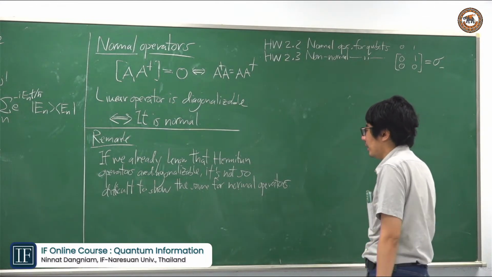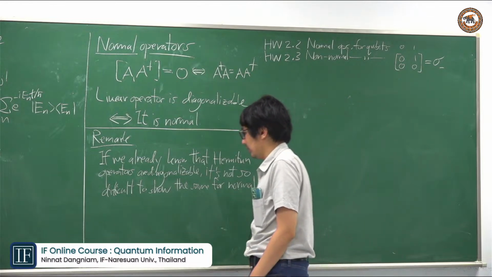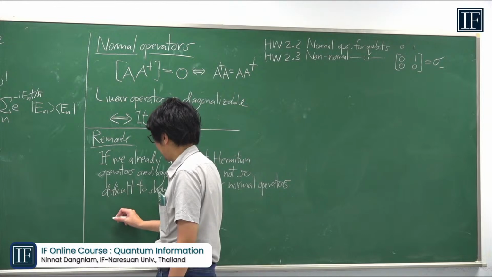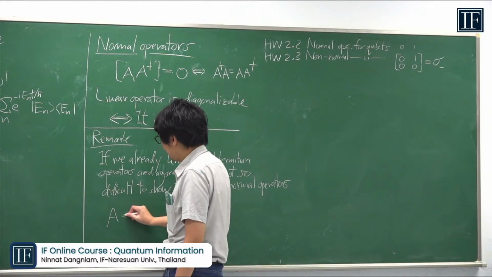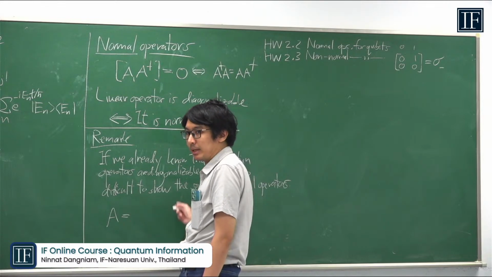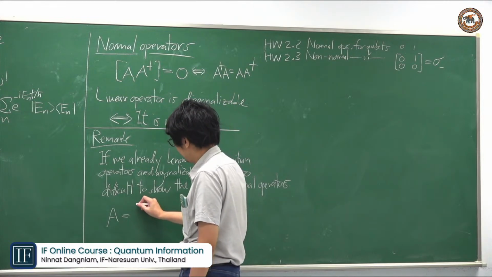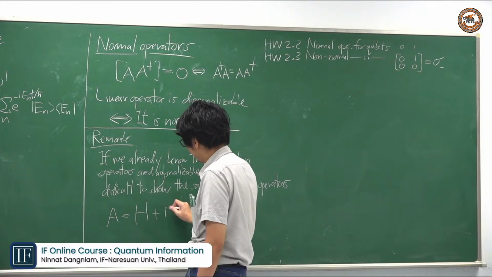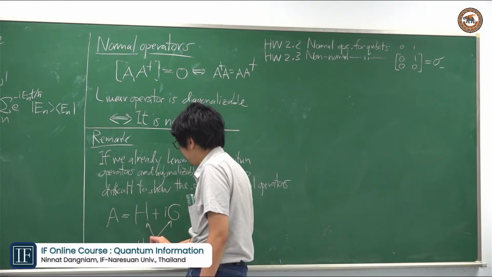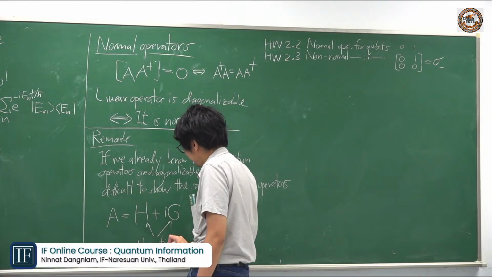There are probably a few ways to do this. But for example, for any linear operator, I can write it in terms of its real and imaginary parts. So let's say I write it like this, where both F and G are Hermitian.